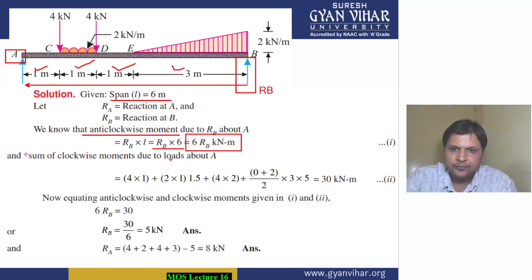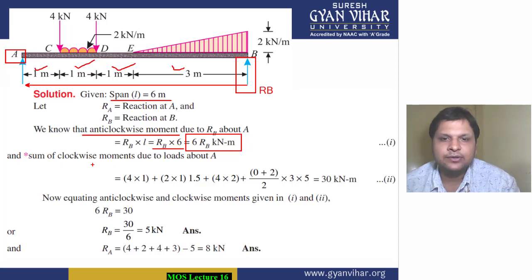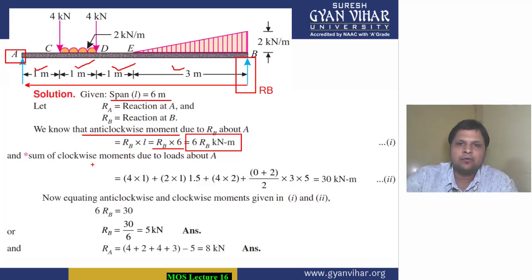Now the work has to be done in order to find the clockwise moment about the point A. How will we find the clockwise moment? There are a number of forces which will create clockwise moment about this point A. What are those forces? The forces are 4 kilonewton force, and its distance is 1 meter, as given here.